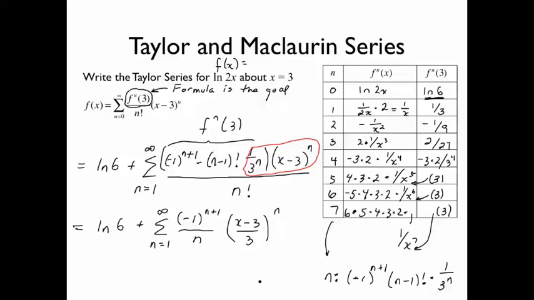Okay, questions? Writing out the individual terms is the easier part. Just do the math right, and you can write out all the individual terms starting with n equals 1, n equals 2, n equals 3.